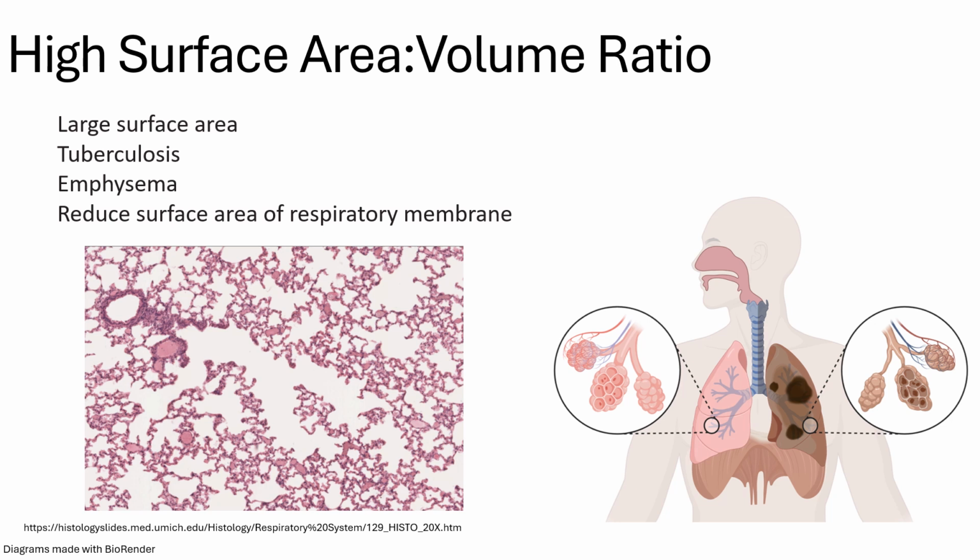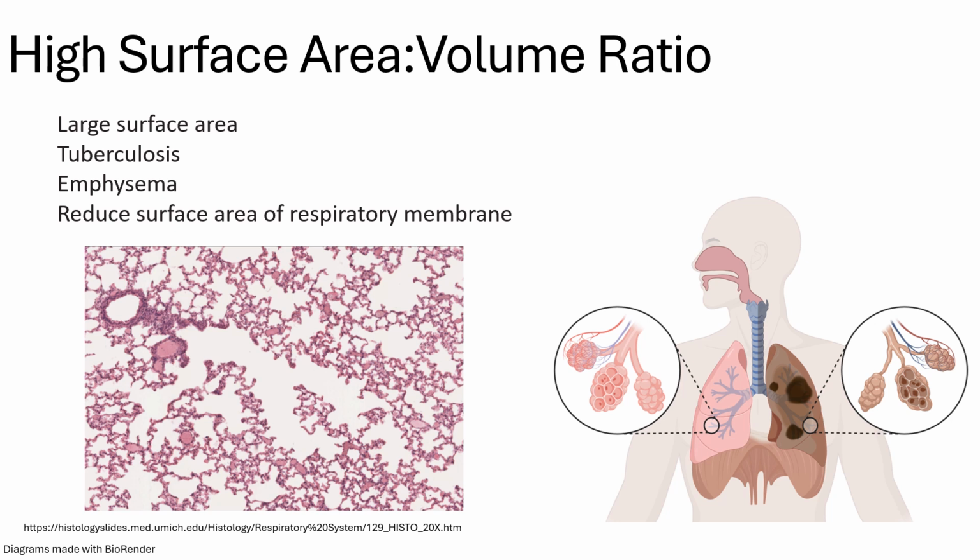Tuberculosis causes nodules or granules, huge fist sized connective tissue pouches. And these granules build up in your lungs, occupying space that the gas exchanging type 1 pneumocytes or alveolar cells should occupy. So it fills the surface area of the lung.